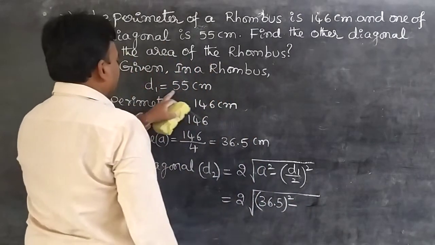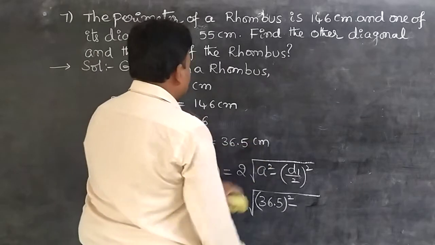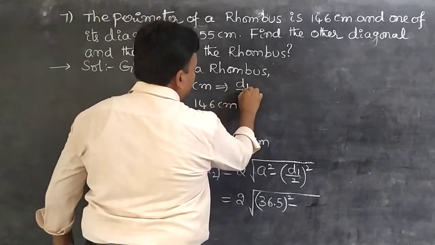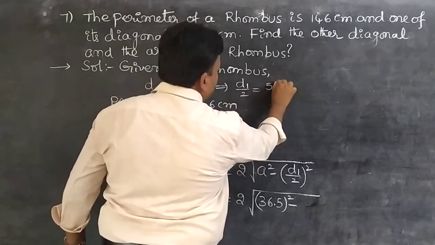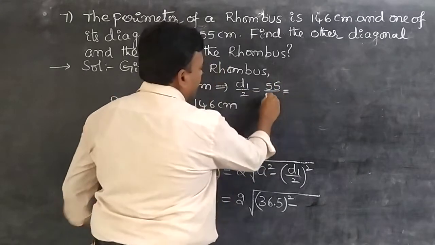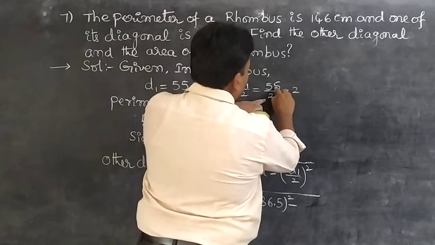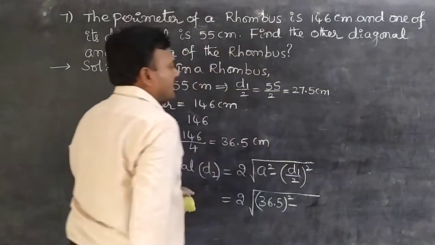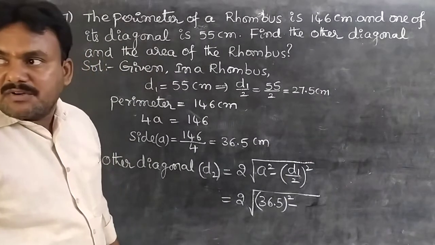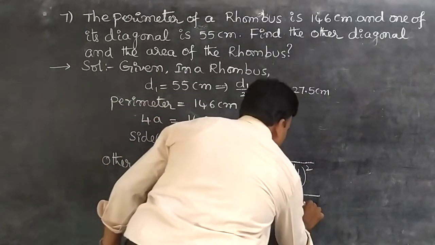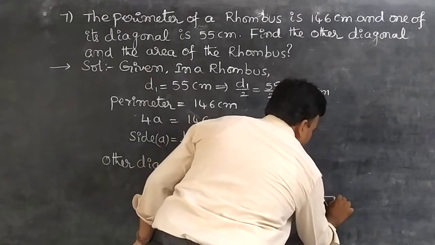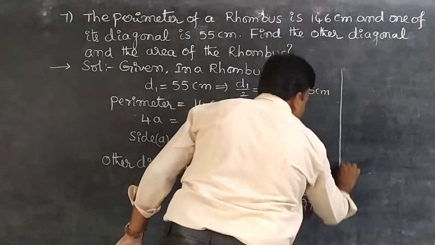How much is the d1 value? 55. 55 by 2. See here, d1 equals 55, then d1 by 2 equals 55 by 2. So here 2 2s are 4, 2 7s are 14, 2 5s are 10: 27.5 centimeters. So here 27.5 whole square.